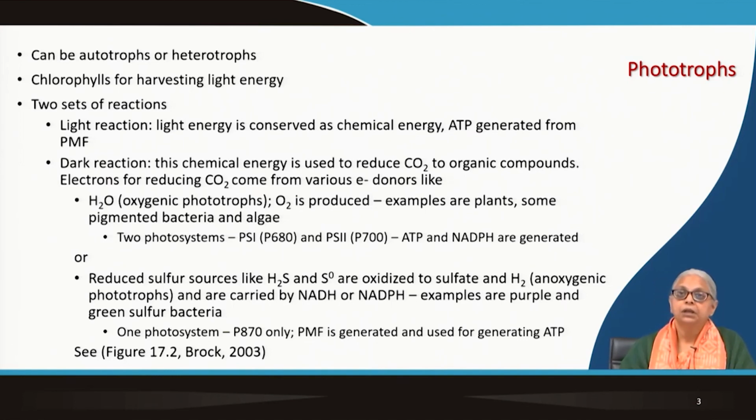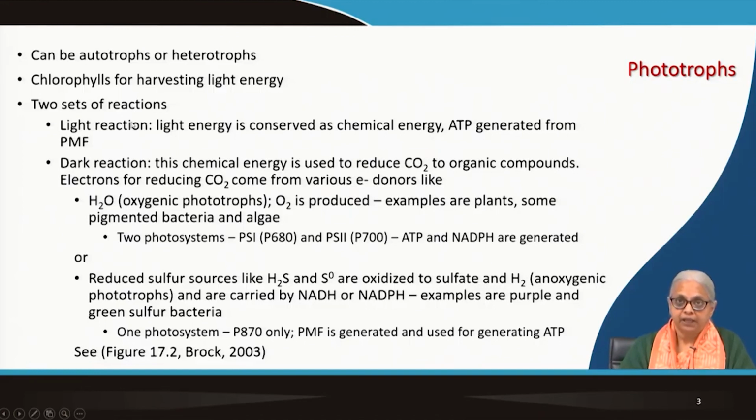These are organisms which get their energy from light, and they will convert that to chemical energy, and they will use CO2 as their carbon source, in which case they are autotrophs, or they will use organic carbon as their carbon source, in which case they would be called photoheterotrophs. So you have 2 types, photoautotrophs and photoheterotrophs. They are all light harvesting species, and therefore they need chlorophyll for doing that, and that's something that you're already familiar with.